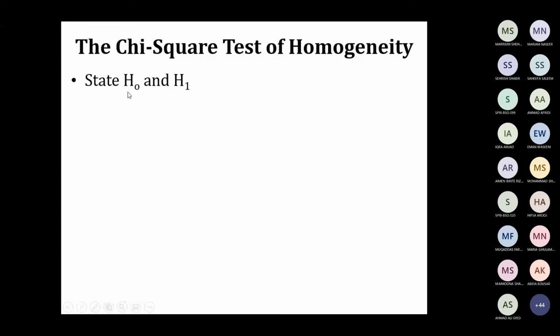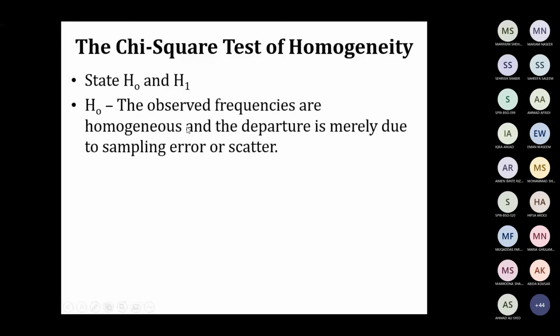So the null hypothesis: the observed frequencies are homogeneous and the departure is merely due to sampling error or scatter, right? We are supposing here that the observed frequencies are actually homogeneous, and the departure from homogeneity is due to sampling error or scatter.